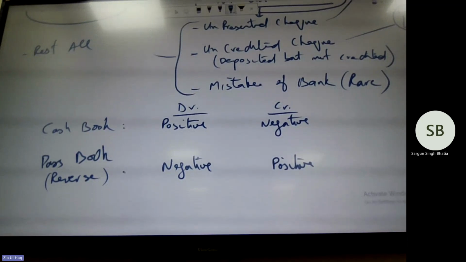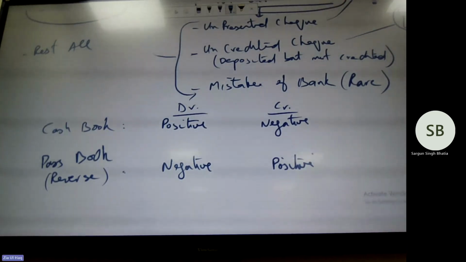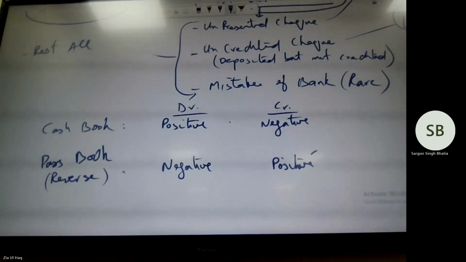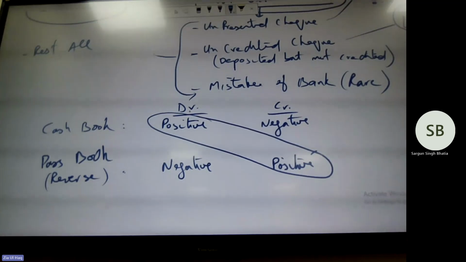Receipts will be debited to the cash book, but receipts will be credited in the passbook. In the passbook, this will be recorded on the credit side.